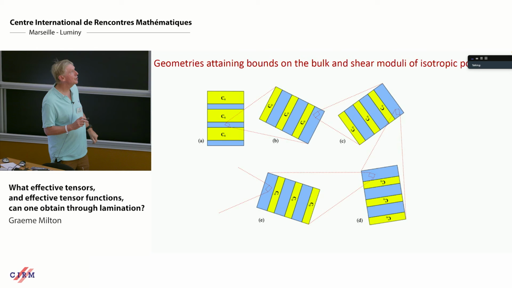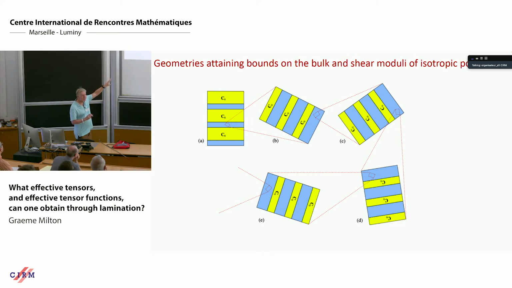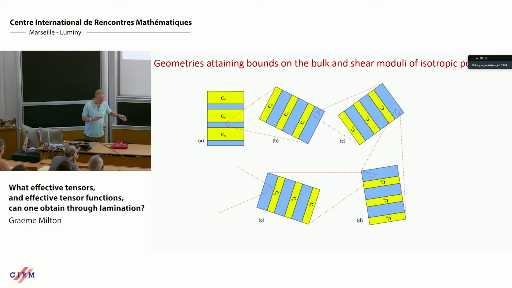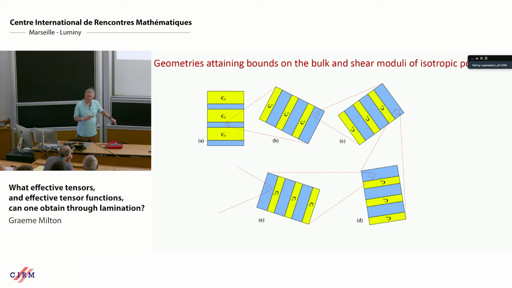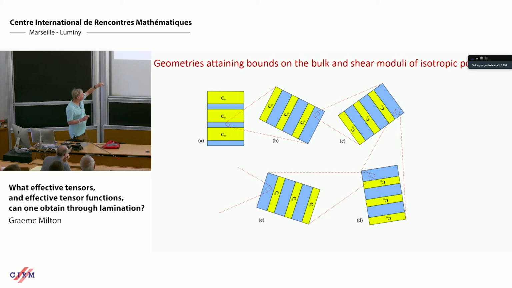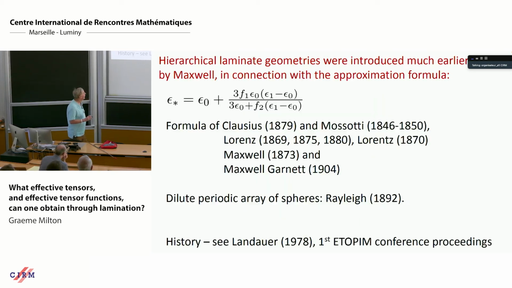I just mentioned that you get hierarchical laminates that are sometimes self-similar, and then you have rotations. So if you're interested in the lowest conducting polycrystal, it turns out to be something like this. This is for elasticity in 2 dimensions.